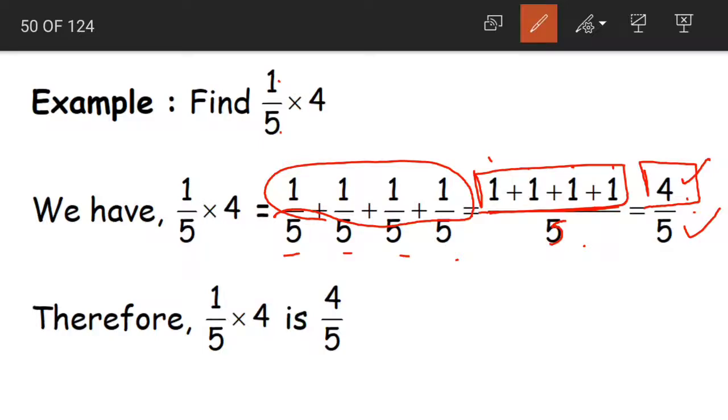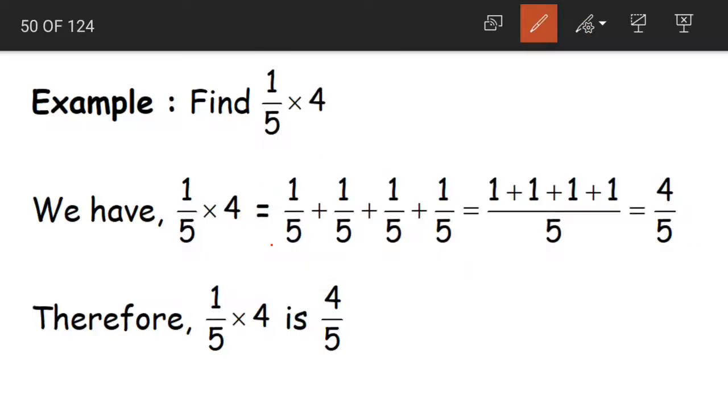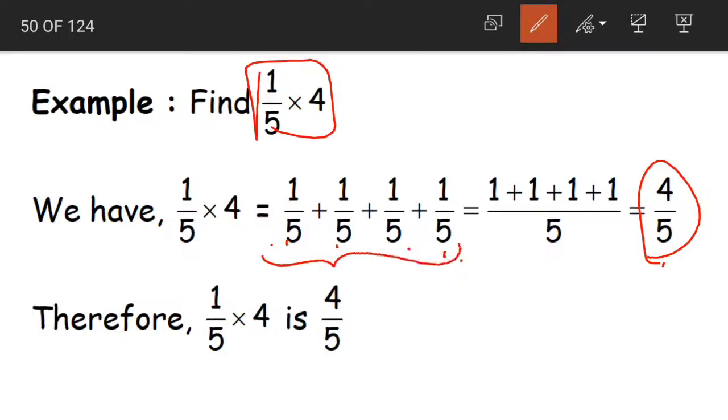Yes, children, 1 by 5 into 4 is nothing but 1 by 5 plus 1 by 5 plus 1 by 5 plus 1 by 5. When we add, it will be 4 by 5. But if we directly multiply, instead of expanding it like this, what did I say?